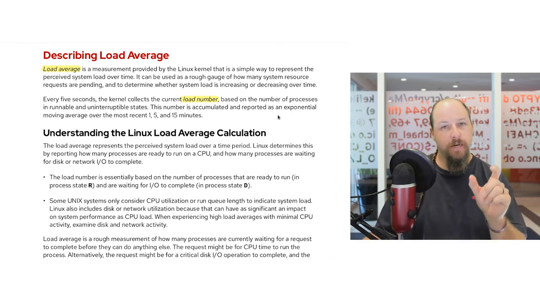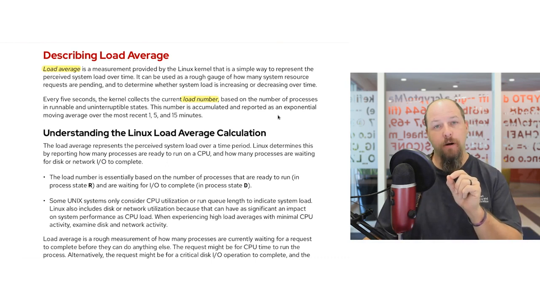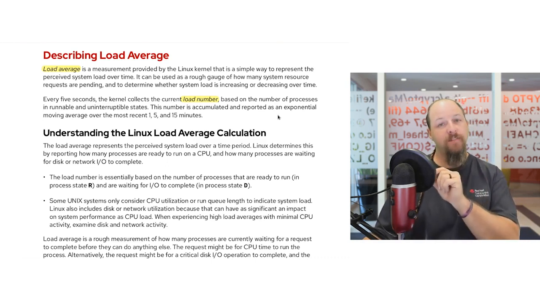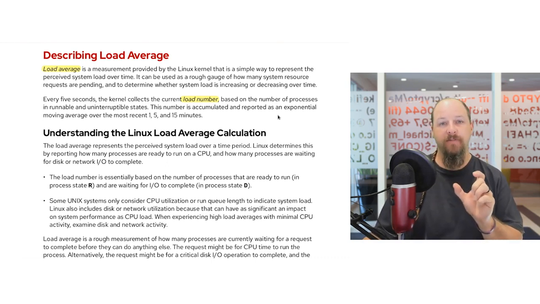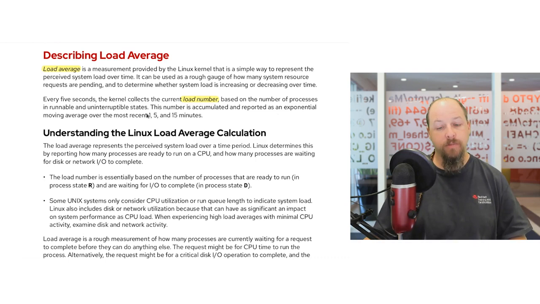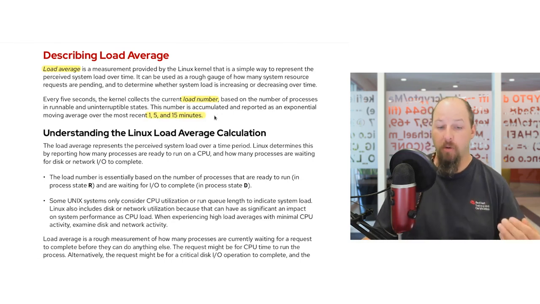By tracking the trend of that number over these intervals of 1, 5, and 15 minutes, we can determine if a system is improving or degrading in its performance. Remember, the terms are provided in these specific time intervals: 1, 5, and 15 minutes ago.